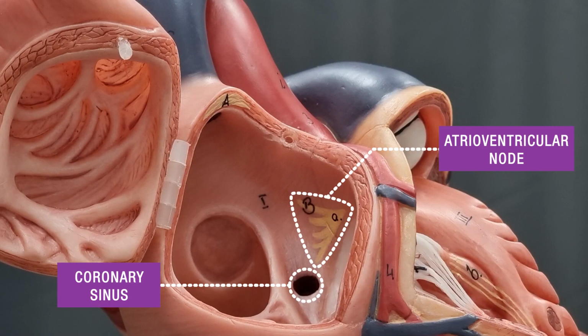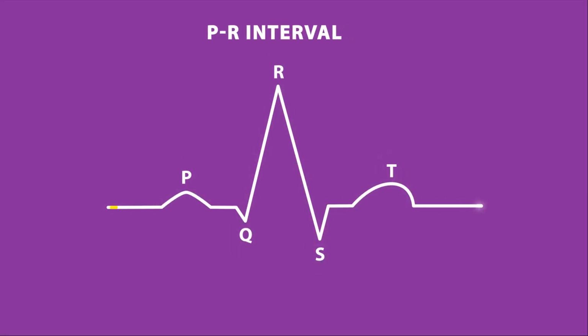This allows the atria to contract and empty about 20% of the end diastolic volume, equivalent to approximately 25 milliliters, into the ventricles before ventricular contraction. AV nodal conduction delay corresponds to the PR interval on an ECG and typically lasts between 120 and 200 milliseconds.